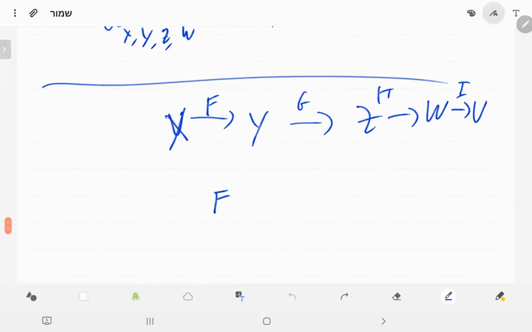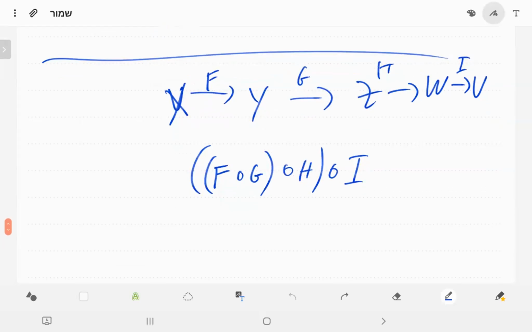So we can start from the beginning. F, G, and then H, and then I. And now we can try to move the parentheses. Let's see how it's typically done.